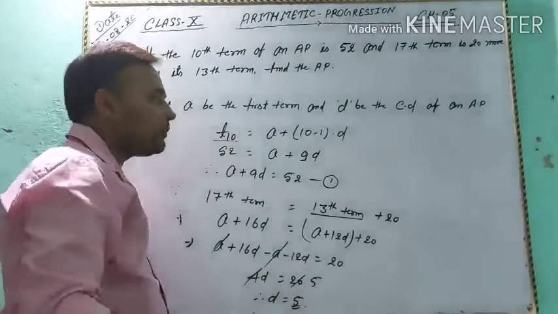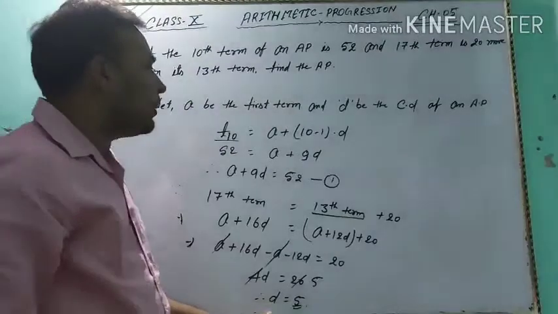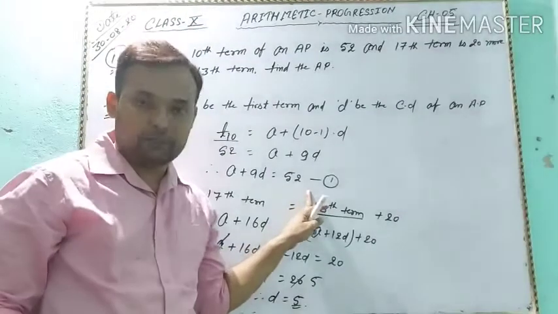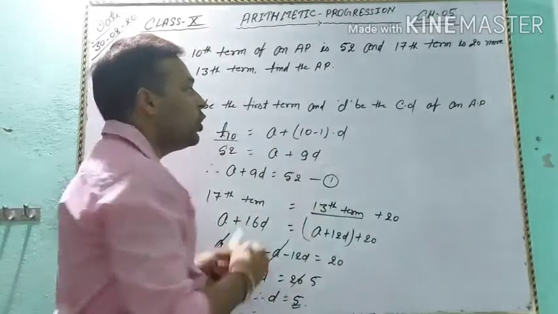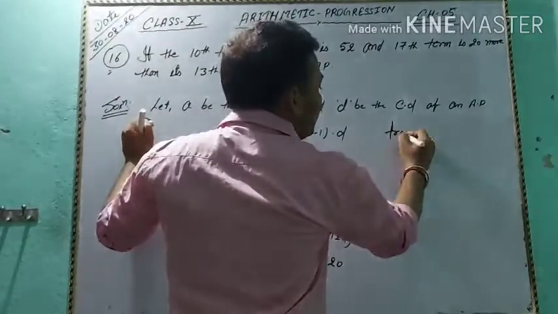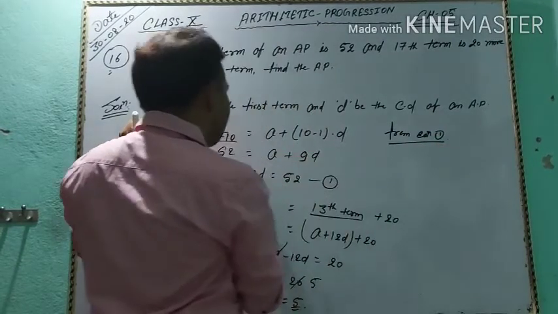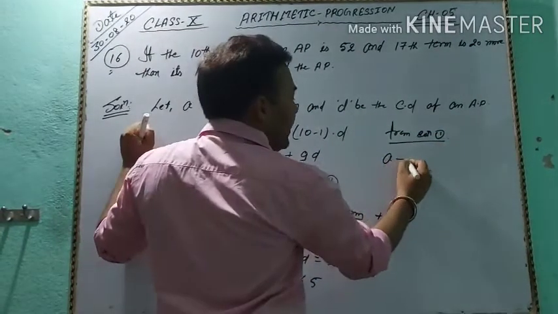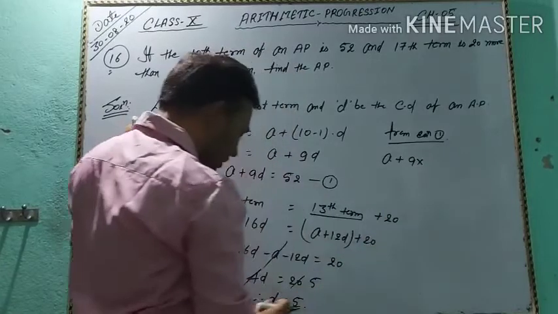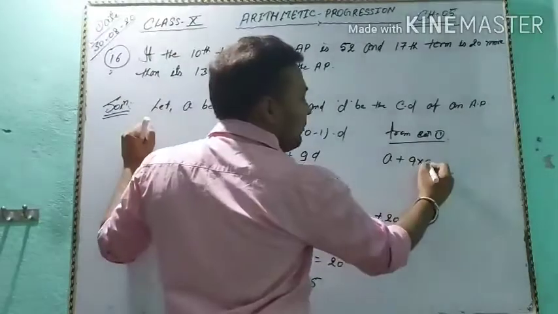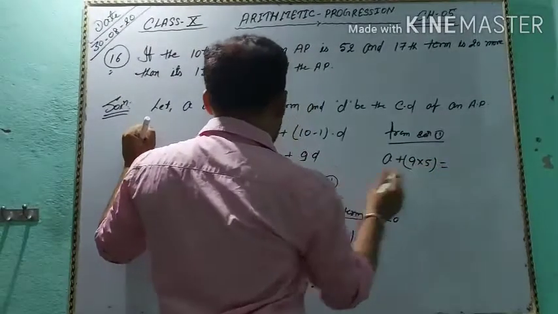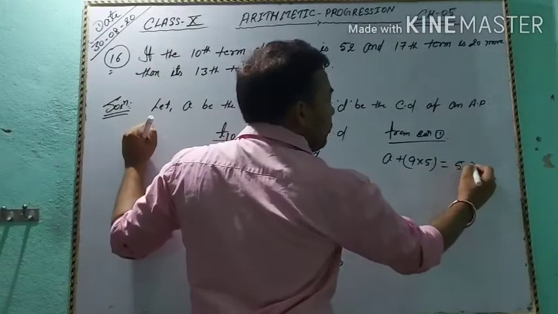Okay, and put the value of D in equation 1. So from equation first, A plus 9D, that is A plus 9 multiplied by the value of D equal to 5, equals 52.